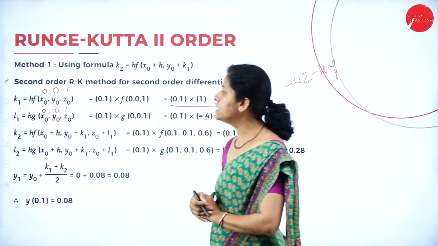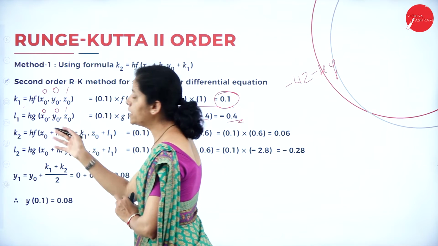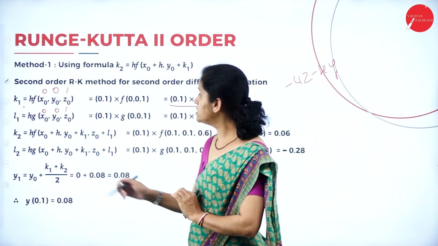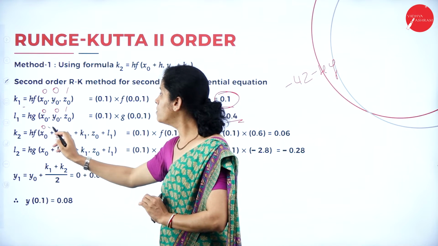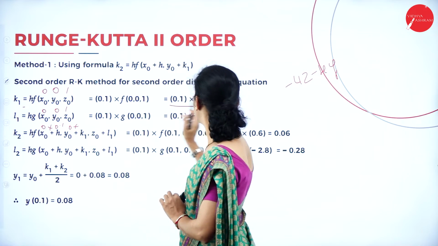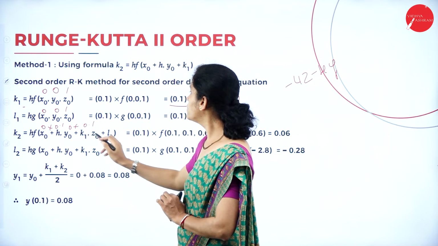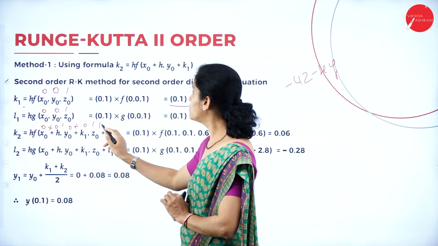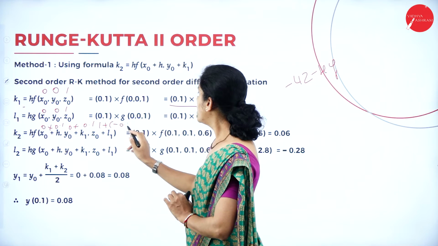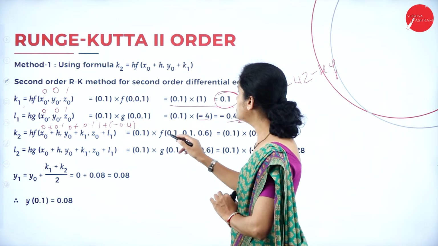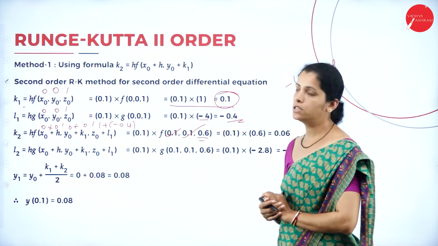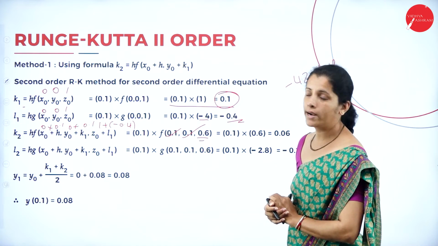Now dear student, I want to find out K2. K2 is height into function. So here 0 plus 0.1, 0 plus k is 0.1, z naught is 1 plus minus 0.4. So I'm getting 0.1, 0.1 and it is 0.6, that is 1 minus 0.4.